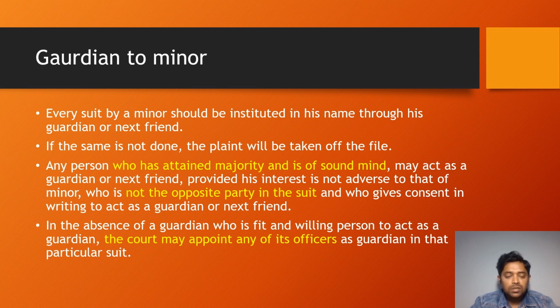That means a guardian can be a person who has attained majority with sound mind, who is not the opposite party, and who gives consent in writing. In the absence of a fit and willing person to act as a guardian, the court may appoint any of its officers as guardian in that particular suit.